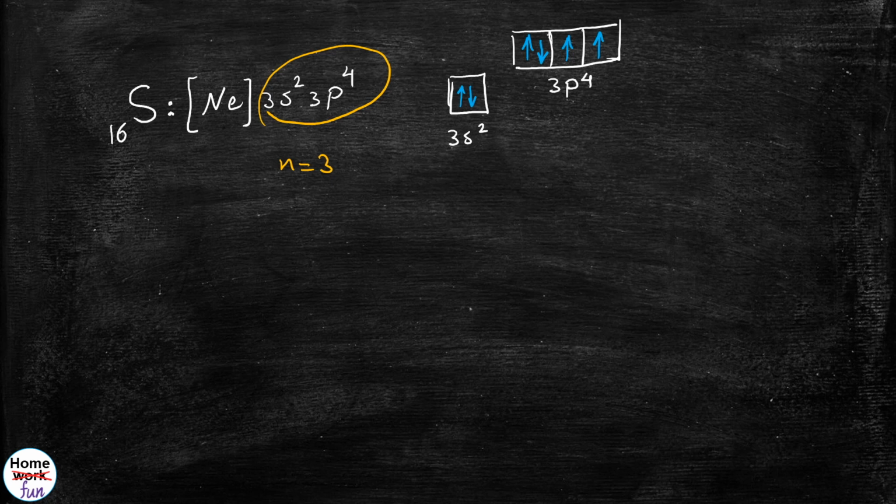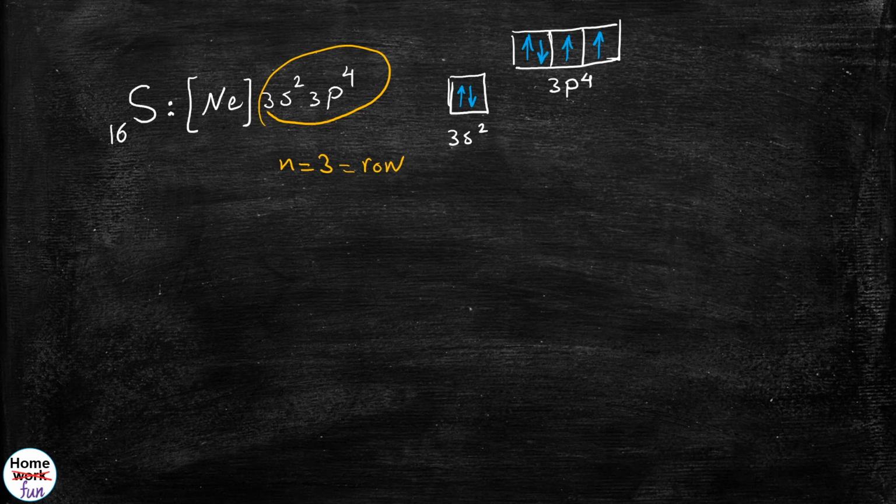So n equals 3 equals the row on the periodic table. For any element, you write down its electron configuration, especially its valence level, the highest n tells you the number of the row on the periodic table.